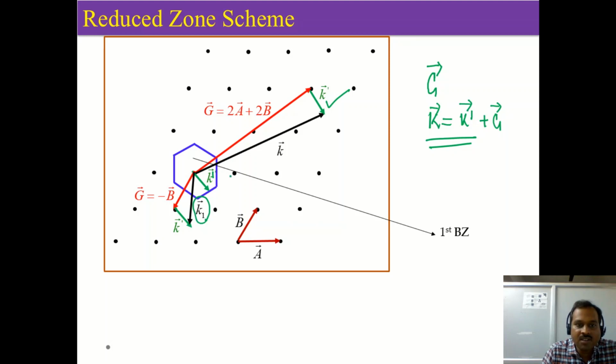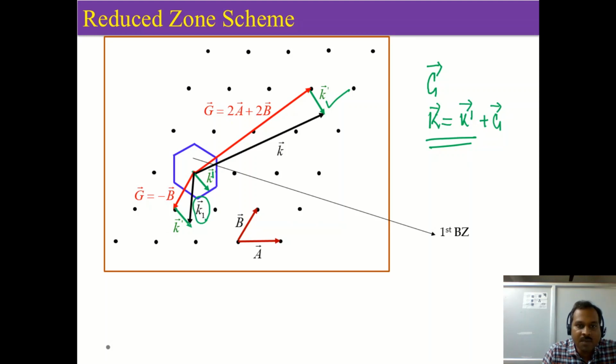Here we take the reciprocal lattice vector g, which is defined here as minus b, and once again k1 will be equal to k prime plus g from the vector addition.